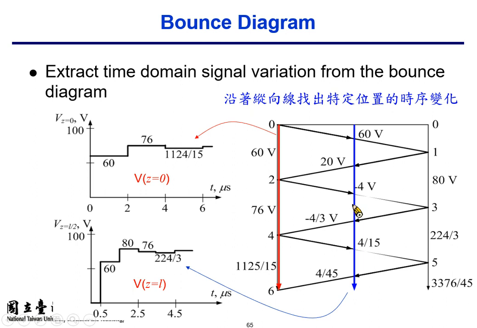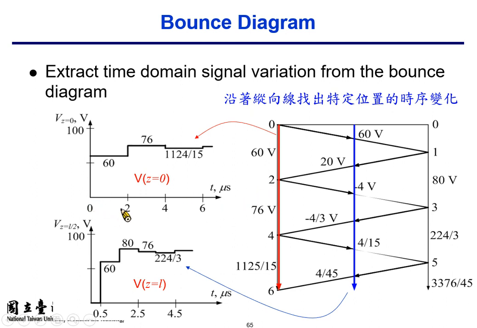And we are interested in finding out, if you draw a line parallel to the time axis, the time signal variation in the time domain for a specific location. For example, if you draw the voltage variation along the red line here, you are looking at the position z equals 0, and seeing how the voltage changes as the time increases.